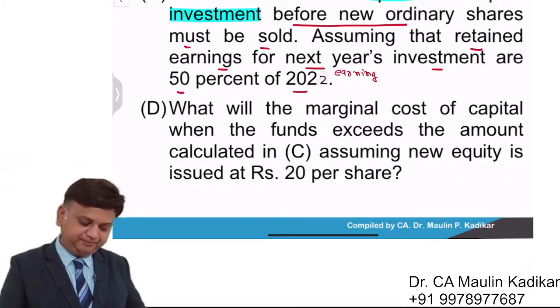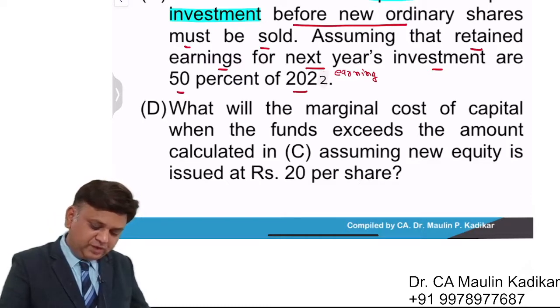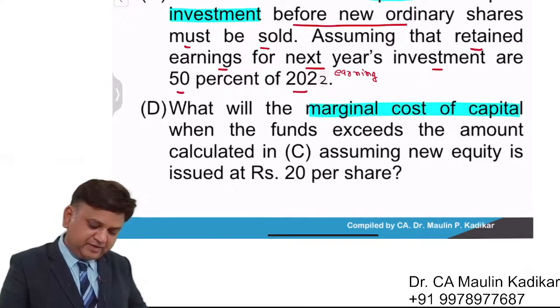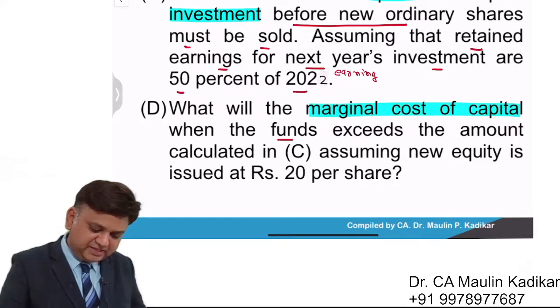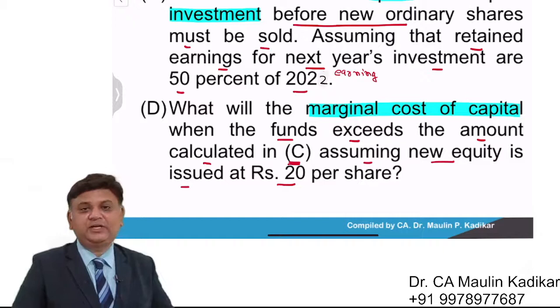Next question. What will the marginal cost of capital when the funds exceeds the amount calculated in C, assuming new equity is issued at the rate of 20 rupees per share?